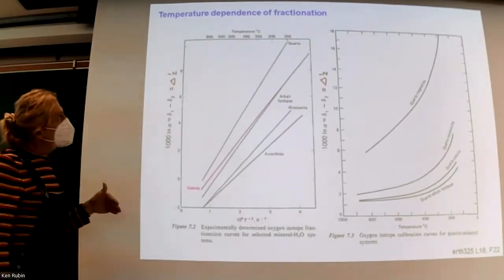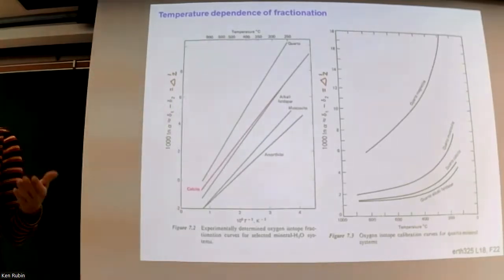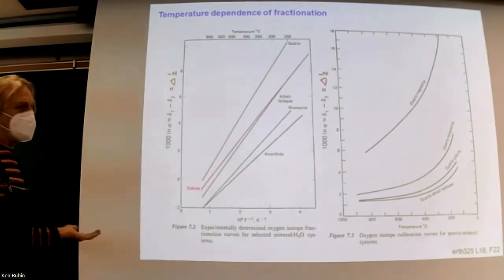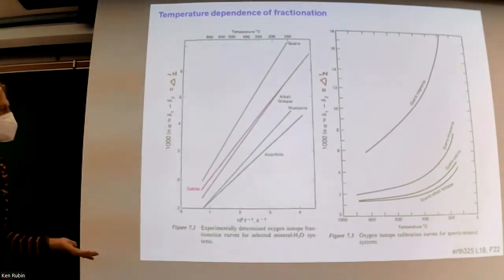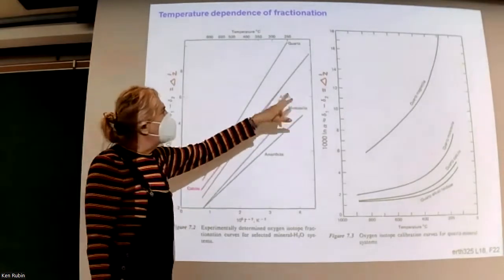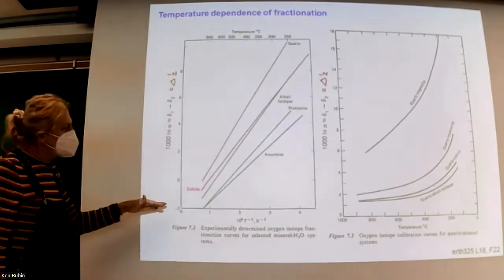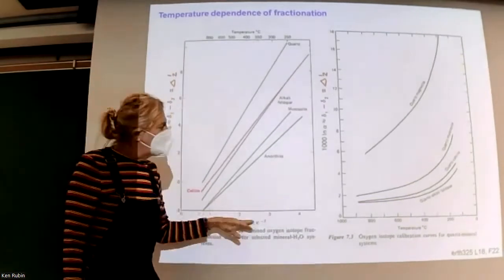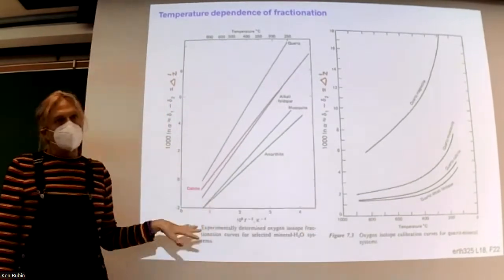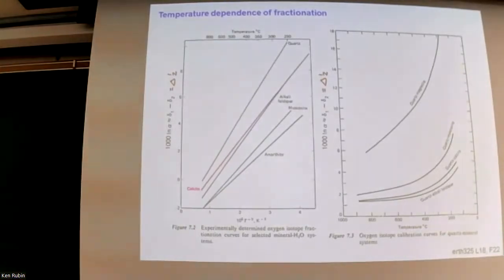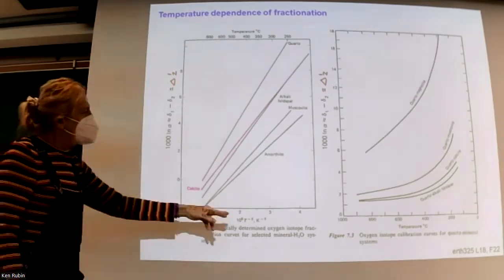This is the variation in oxygen isotopic composition of a bunch of different minerals that are interacting with water as a function of temperature: anorthite, muscovite, feldspar, quartz, okay? Since this is 1 over T squared, this is low temperature, high temperature, right? And so we can see much more fractionation when we form quartz in equilibrium with water at lower temperature.